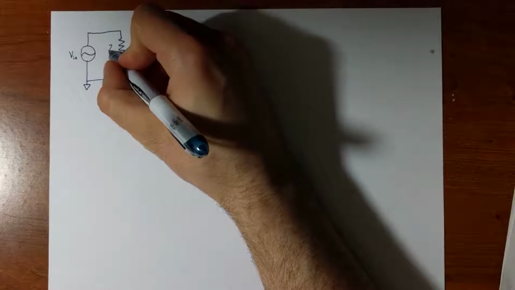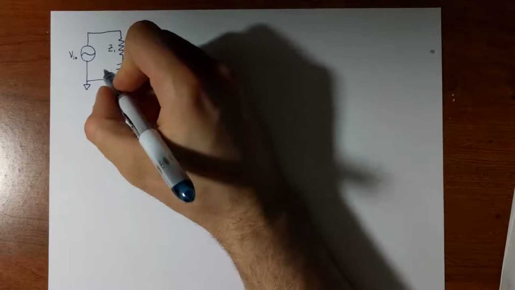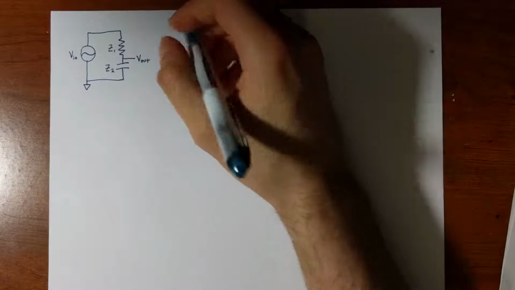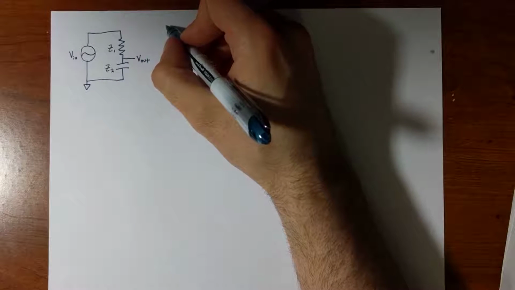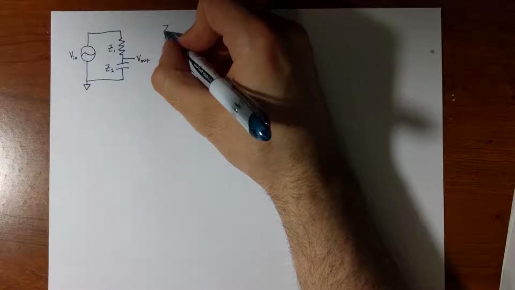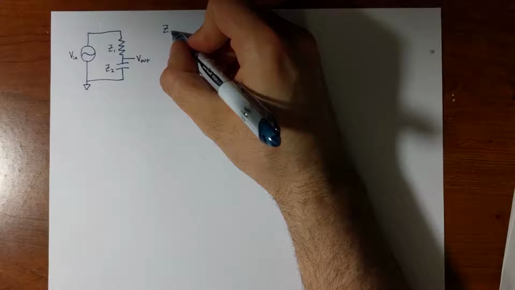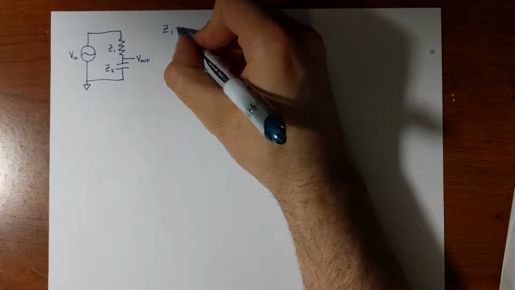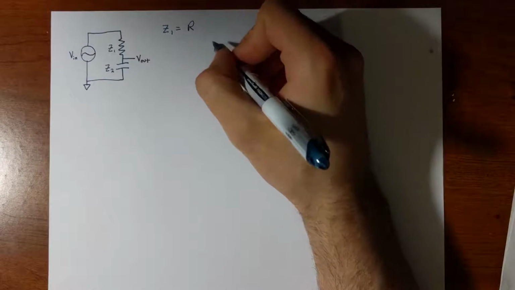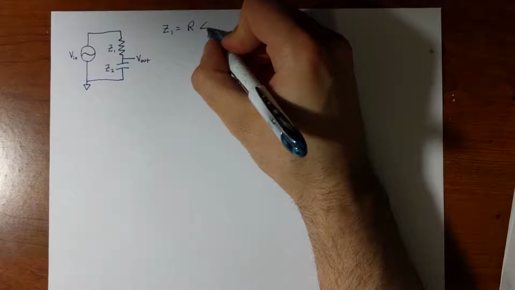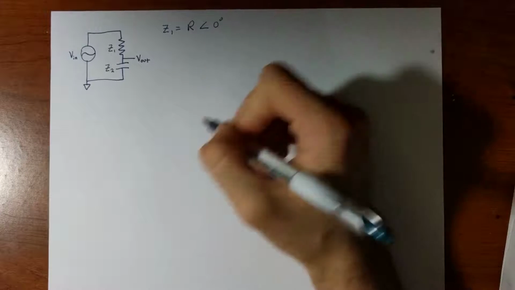So I'm going to call the impedance of my resistor here Z1 and the impedance of my capacitor Z2. And we're going to look at the resistor has purely real impedance. Z1 will be equal to R. And since it's purely real, it's at an angle of 0 degrees.